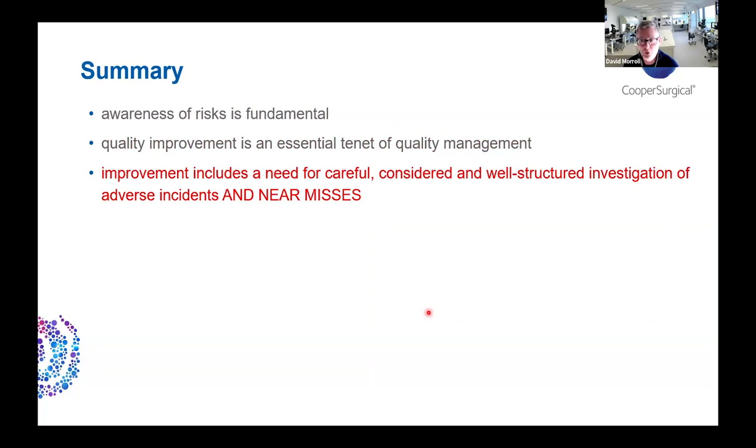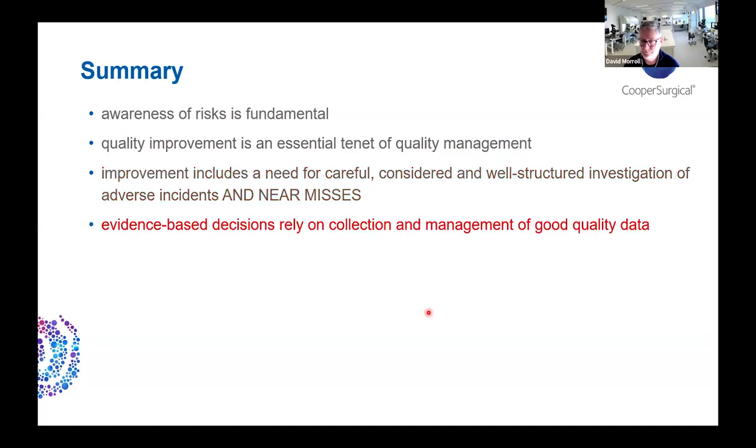Improvement that we're looking for needs careful, considered and well-structured investigation of adverse events, poor performance and near misses. And given that we want to use data to drive good decision making, evidence-based decisions rely on the collection and management of good quality data. So we have to put that as our starting point.